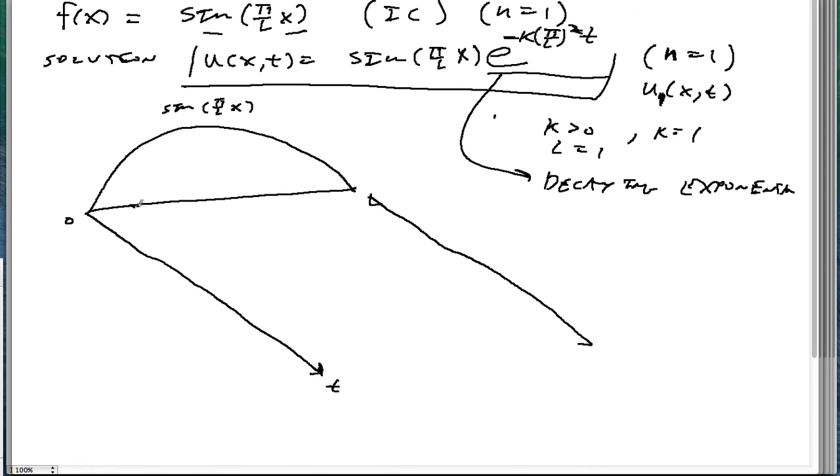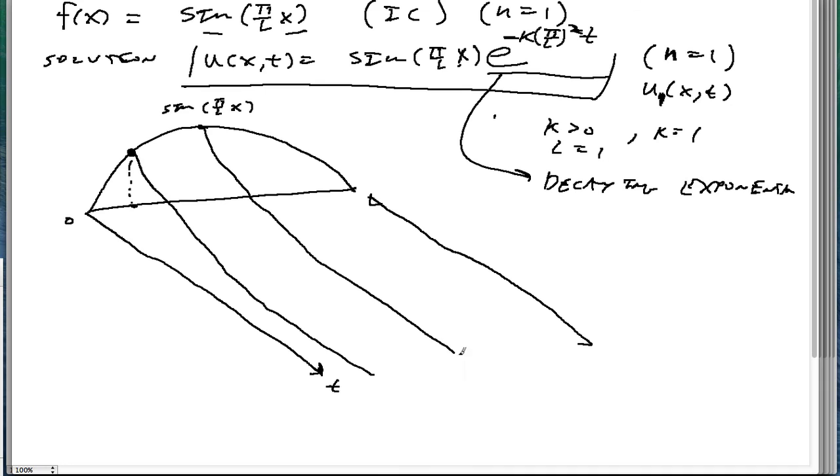So if I fix a value of x right there, and if I look at time going forward, I know I'm going to get some decaying value. It's going to go like that. If I look at this value of x, it's also going to decay down to 0. And that's going to decay down to 0 as well.